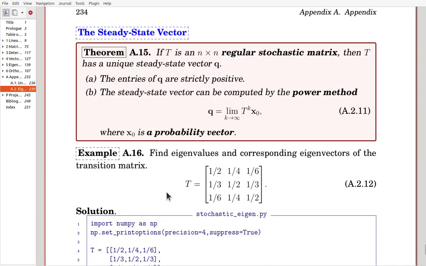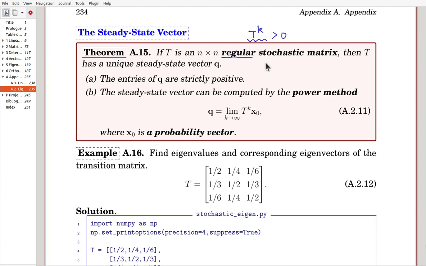Okay, now we'll try to find the steady state vector. If T is an n by n regular stochastic matrix, then T has a unique steady state vector Q. Here, regular means that after some power of T, every entry becomes positive.